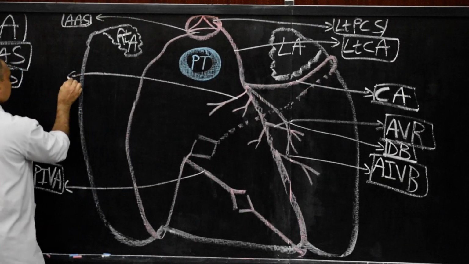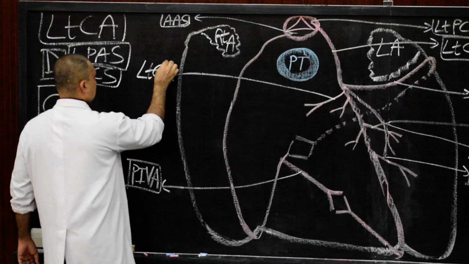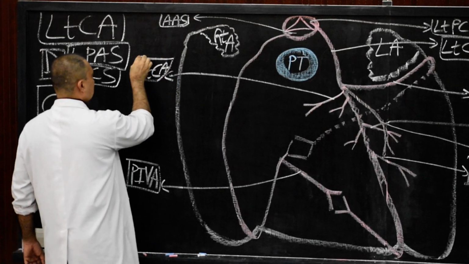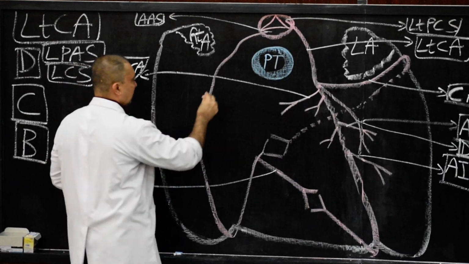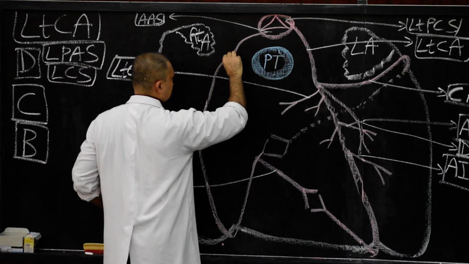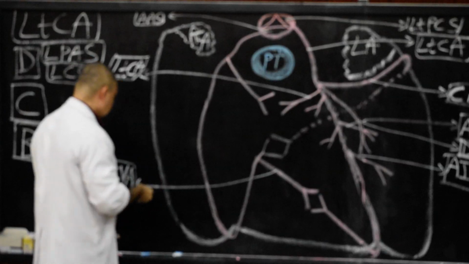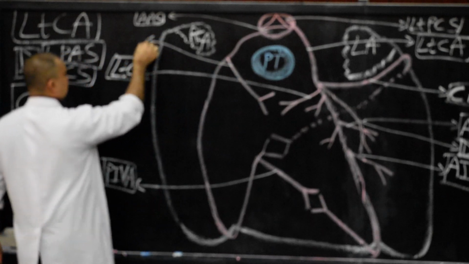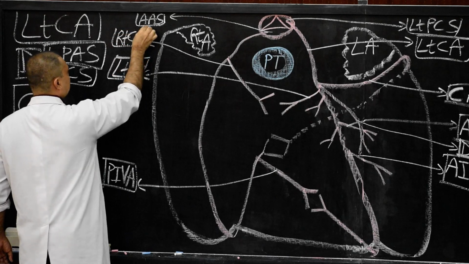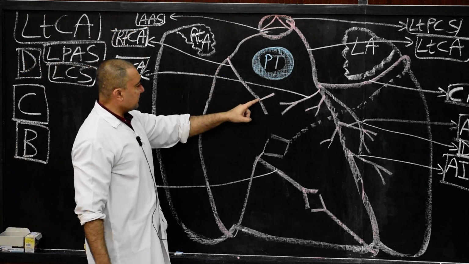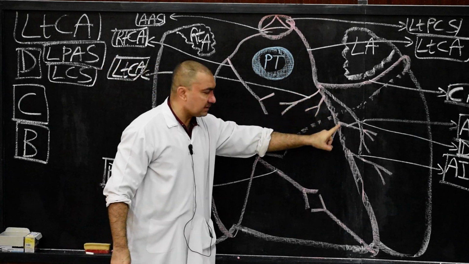Here I can write on this side the left conus artery. And if you recollect, in the right coronary artery there was one branch known as the right conus artery, which we had discussed. So now this is the right conus artery from the right coronary artery, and the left conus artery from the anterior interventricular.